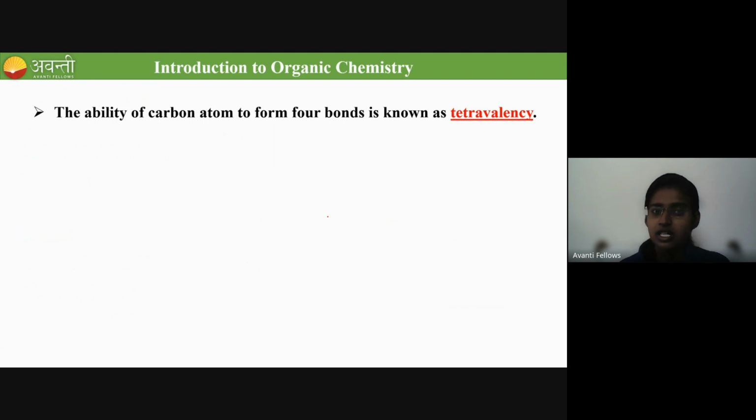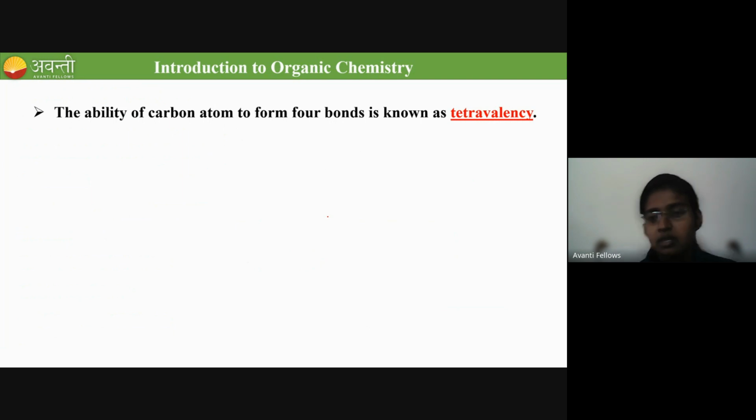Organic chemistry has arisen mainly because of carbon, due to 2 reasons. The first reason is the ability of the carbon atom to form 4 bonds, and we call that tetravalency. And we have one more reason. What is that reason?